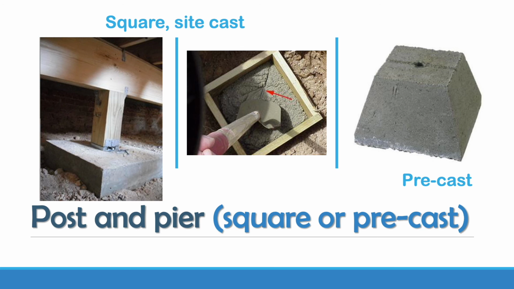There are also precast foundations, and this type we see very often with decks, especially a deck that's lower to the ground, where they are designed to put something in that hole that will help hold up usually a beam, and then the floor joists sit on top of that.